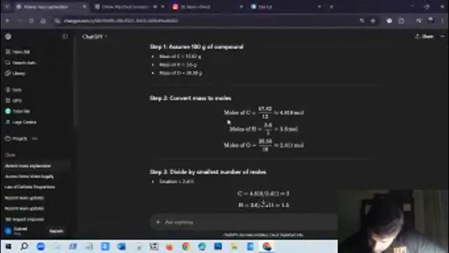Next one is hydrogen, 3.6, atomic mass 1, so 3.6 by 1 is 3.6. Then oxygen.